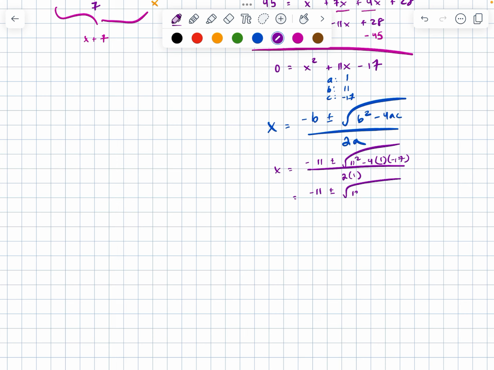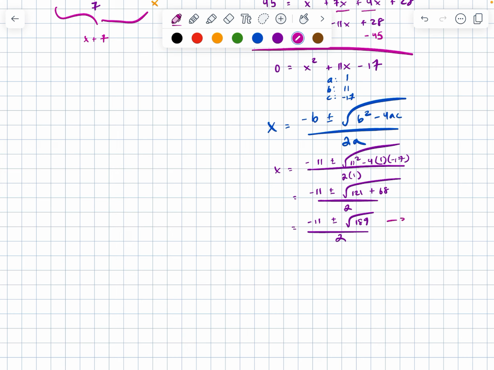Simplifying, I've got negative 11 plus or minus the square root of 11 squared, which is 121. Negative 4 times 1 is negative 4. Negative 4 times negative 17 is positive 68, all over 2 times 1, which is 2. Simplifying even further inside of that radical, 121 plus 68 should be equal to 189, all of this over 2.